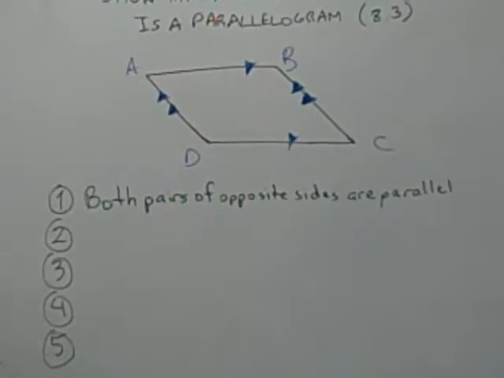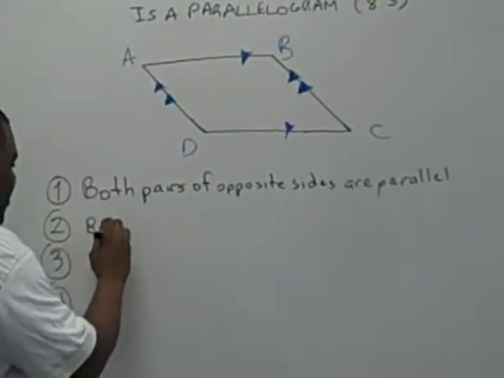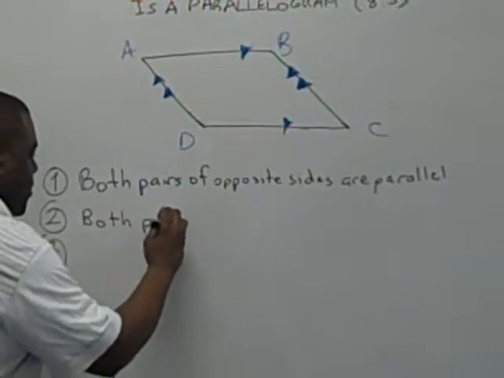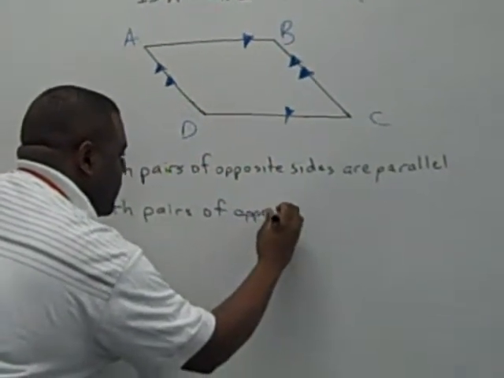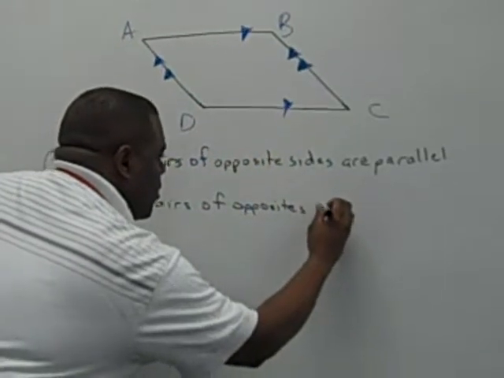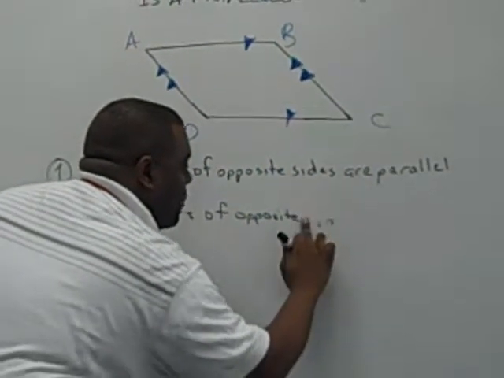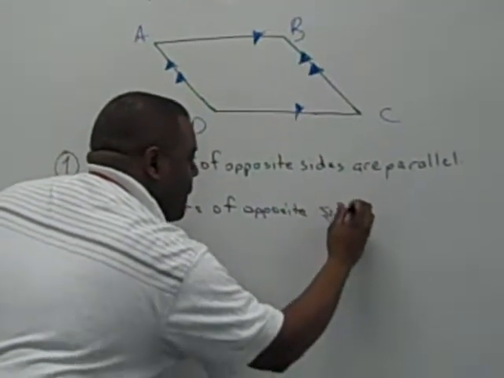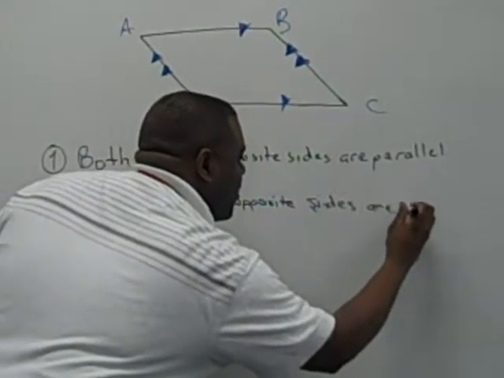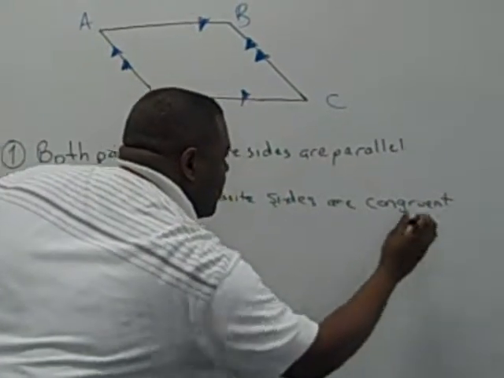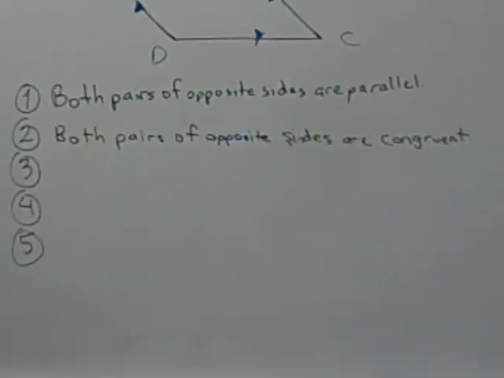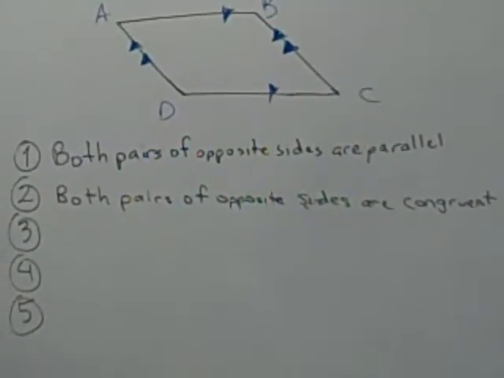We also learned that both pairs of opposite sides are congruent. So, how do we show congruence on a parallelogram?